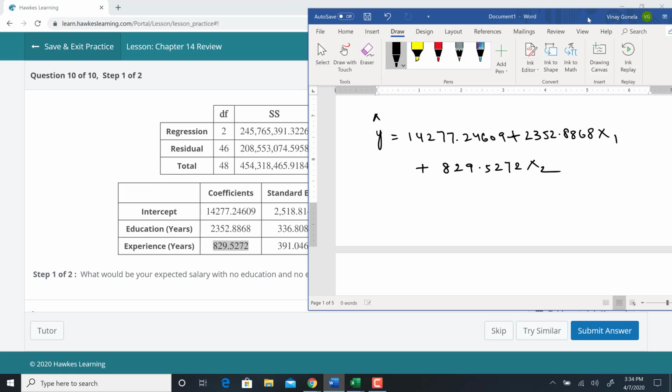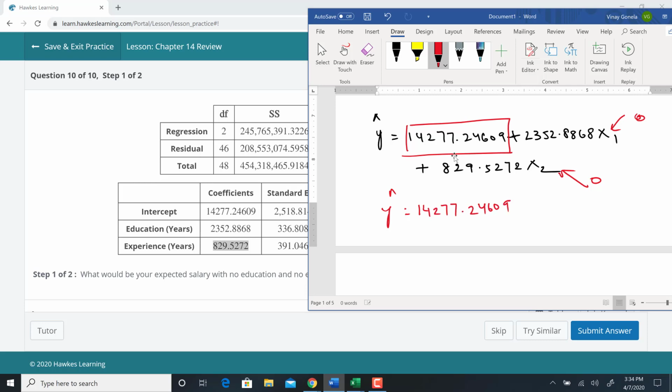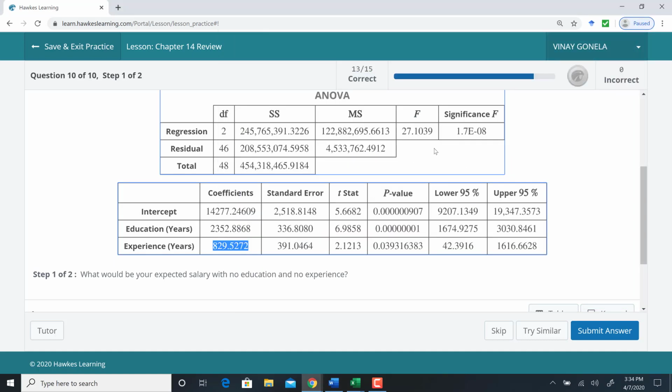So when I say no education, that means x1 is 0, x2 is 0. So I'm only left with the y-intercept, which is 14277.246. So your y hat would be 14277.24609. So that will be your answer. This is the y-intercept, and this value would be your answer.